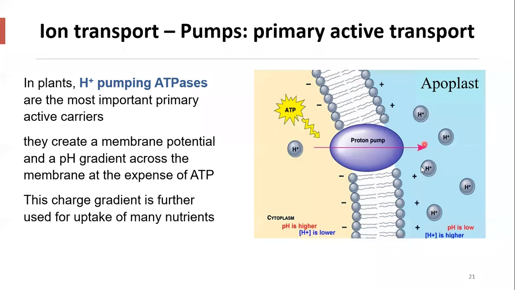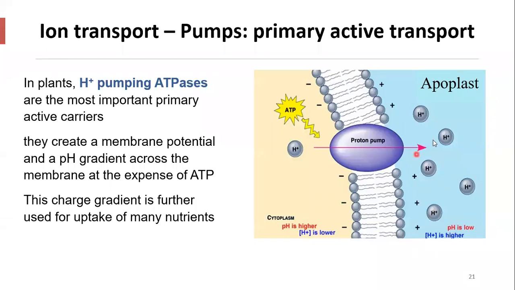There is another factor which has a very significant role in plant growth, and that is the pH level. The pH level of the apoplast is reduced due to the movement of H ions from inside to outside into the apoplast.